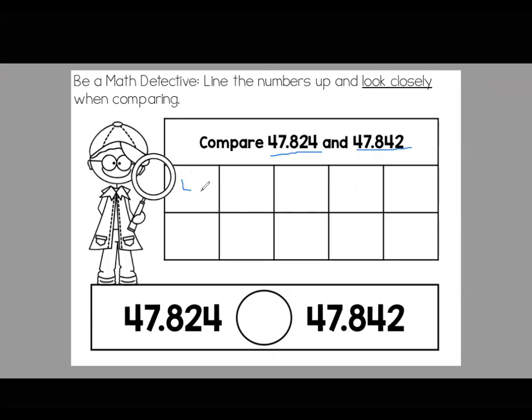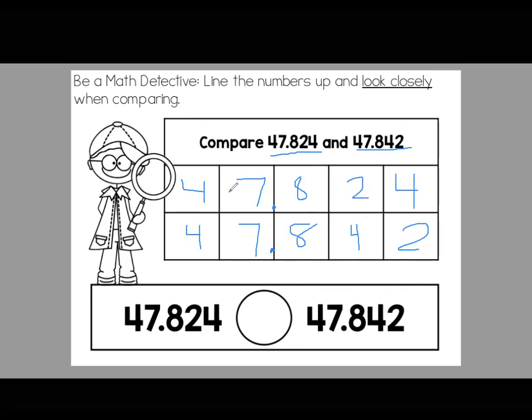So we want to write these two numbers in our chart, and I'm going to just put my decimal right here. We have 824 thousandths. And then our second decimal right underneath it, lining up each place value, 47 and 842 thousandths.